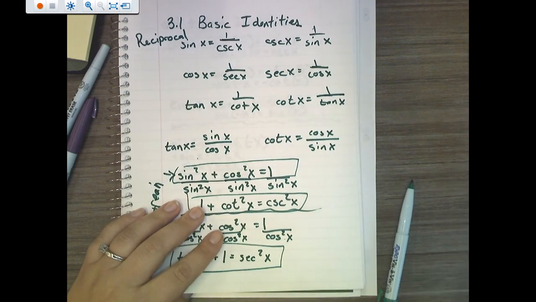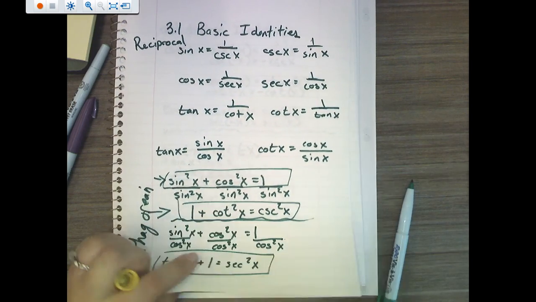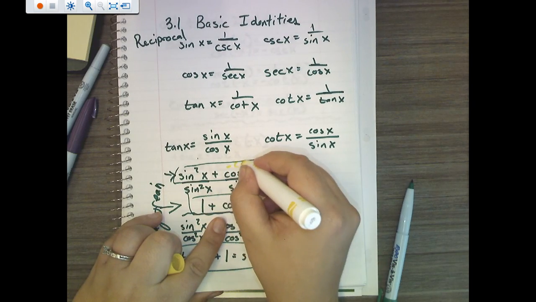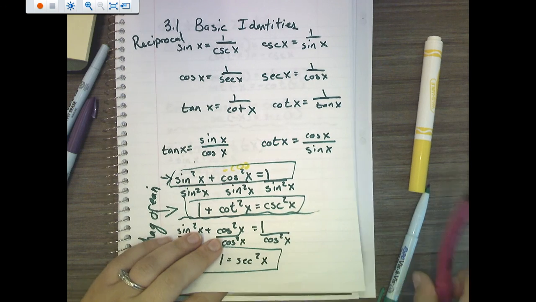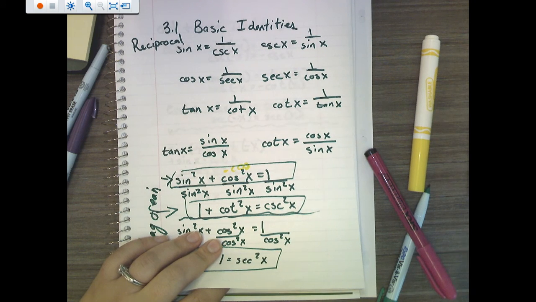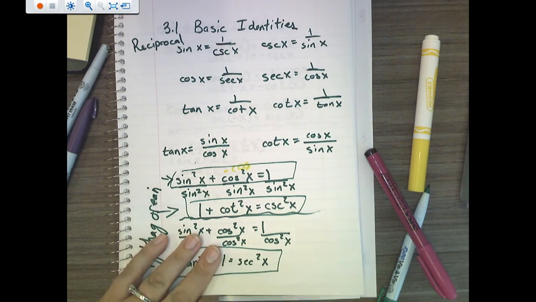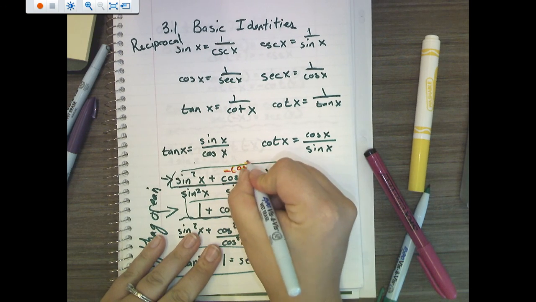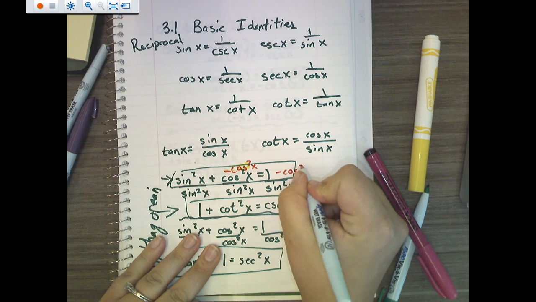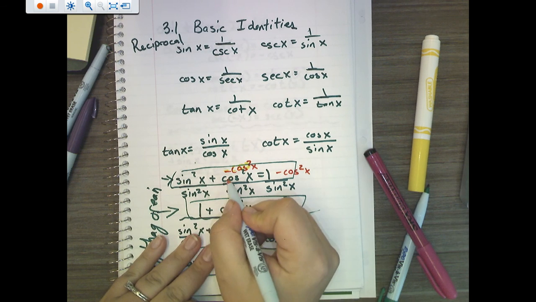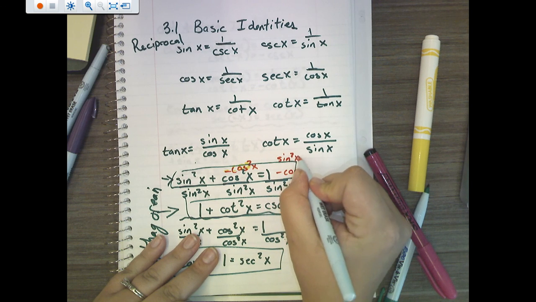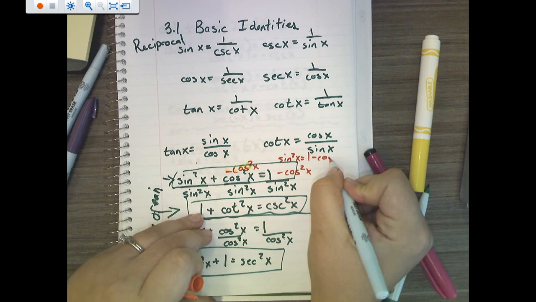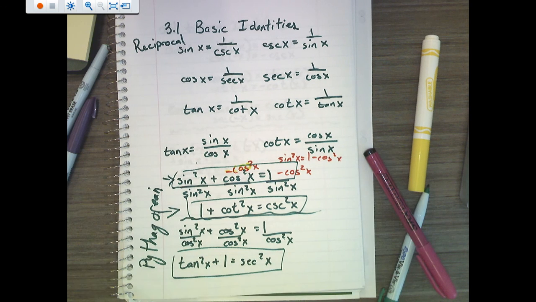So if I had this equation, and if I subtracted cosine squared from both sides, over here I would have it equal to sine squared. So then I'd have sine squared of x equals 1 minus cosine squared. Okay, so that is one of the different versions of your Pythagorean identities that you'll see.